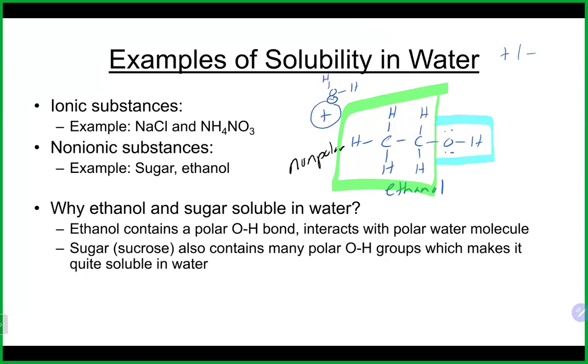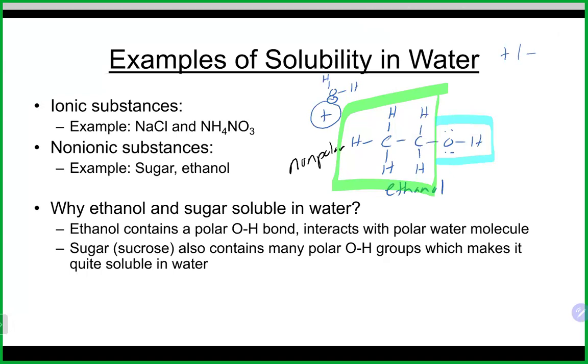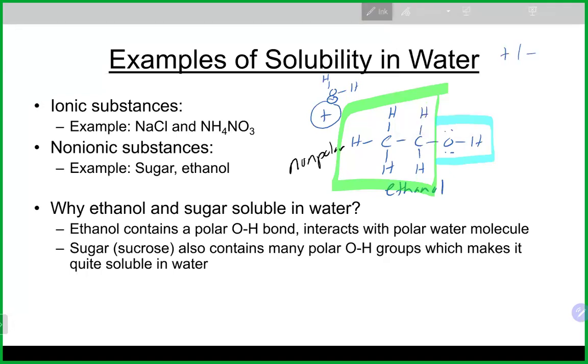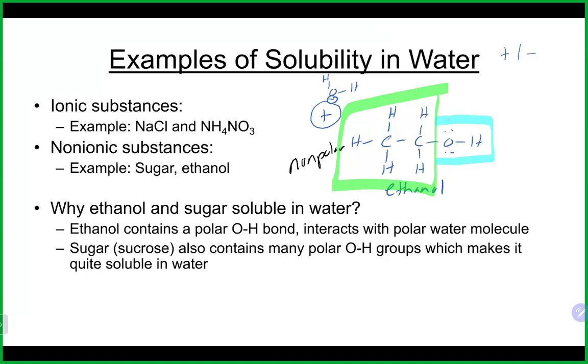This side is the OH group. And that OH group is a polar bond, more negative on the oxygen and more positive on the hydrogen because of the electronegativity difference between those two, like we talked about in bonding.